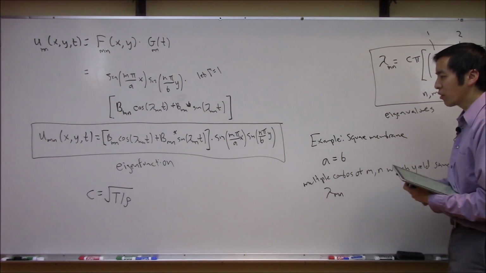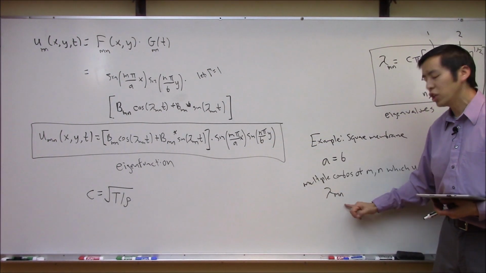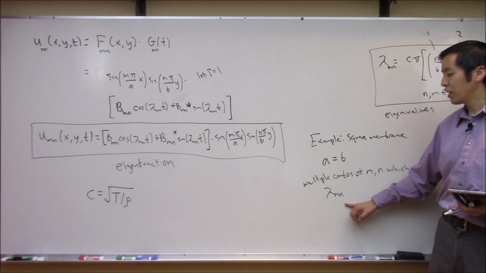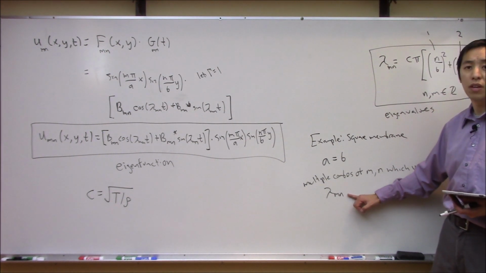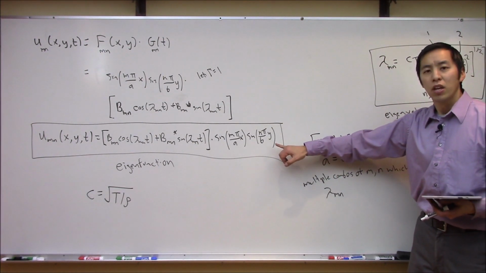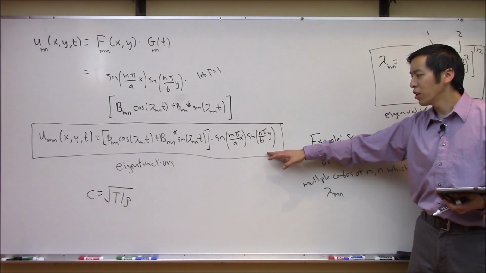But what's interesting is we should look and see what the corresponding eigenfunctions are for each one of these eigenvalues. We're going to see that even though you could have the same frequency of oscillation, you could have completely different shapes, right? We said these could be interpreted as mode shapes of your vibrating membrane.